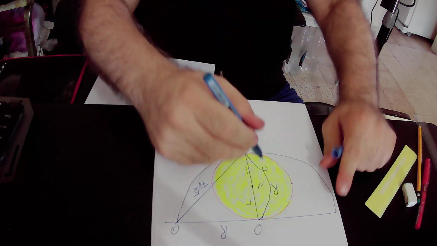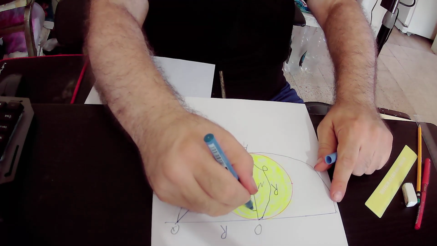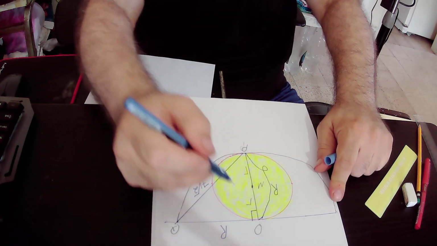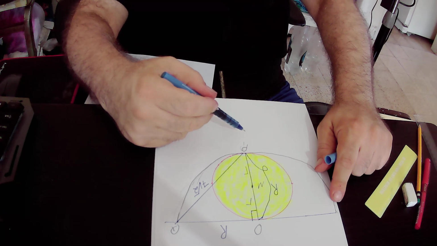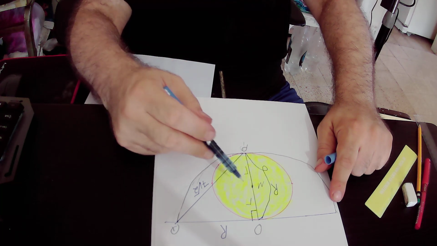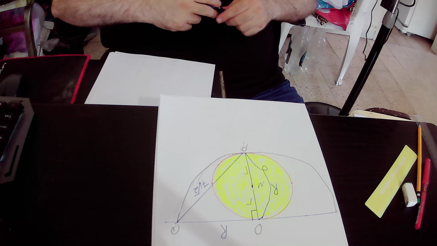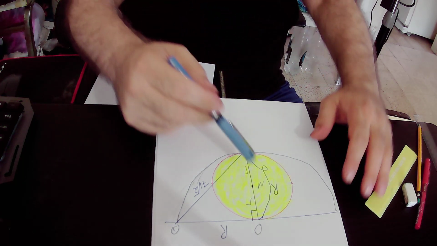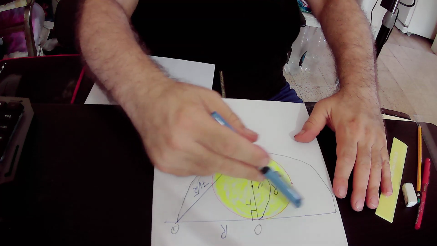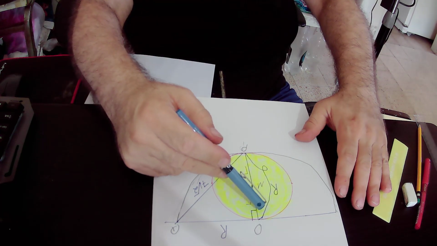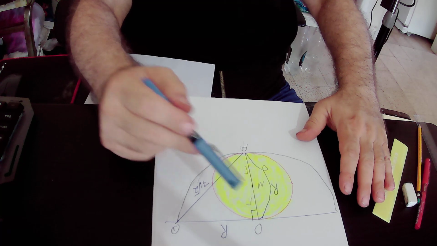That is to say, this angle equals 90 degrees, or in other words, angle POQ equals 90 degrees. In the same way we can say that this angle also equals 90 degrees, but it is less important to us.